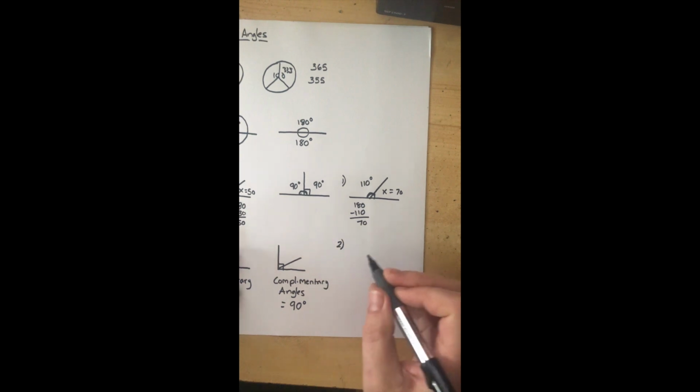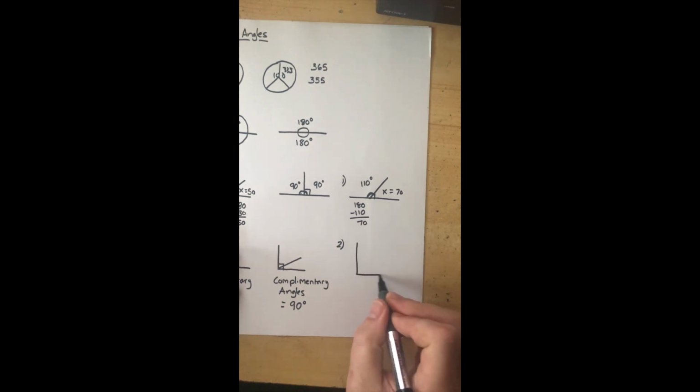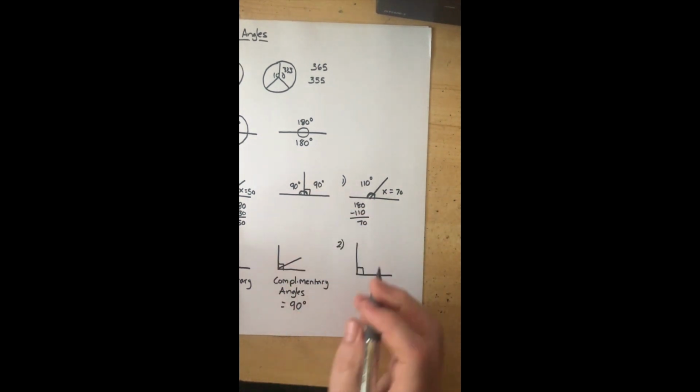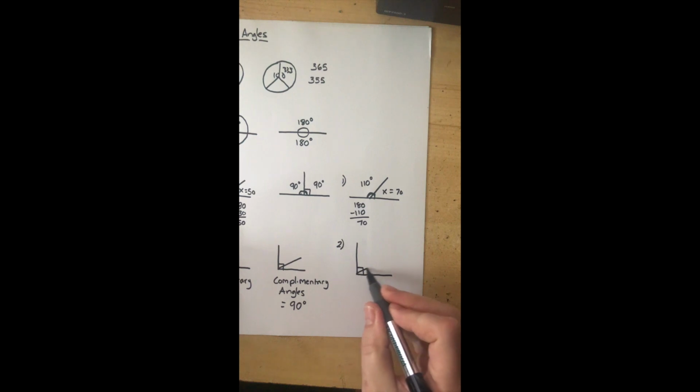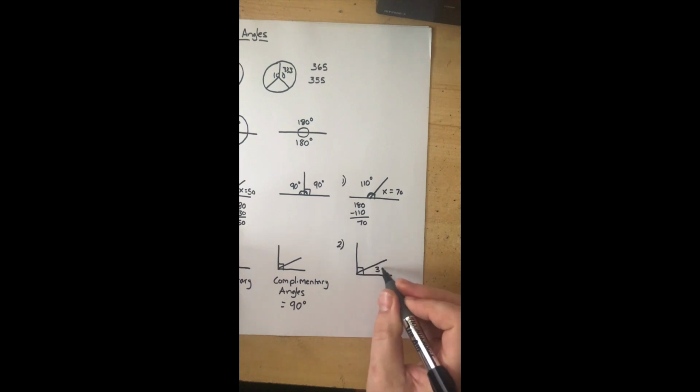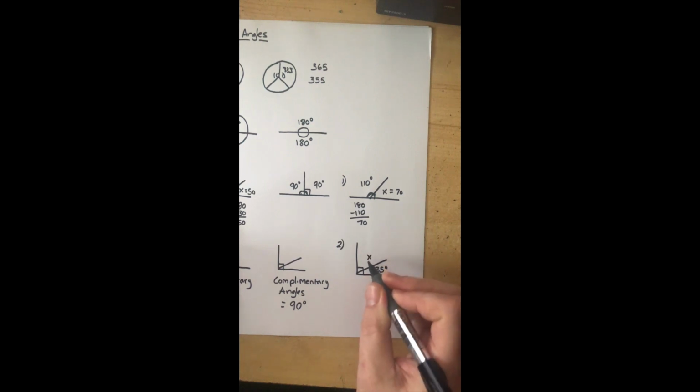Let's do one of these. Now this is a right angle, of course, so I'm not going to total 180. I'm going to total 90. So let's break this guy up into 35 degrees and x.